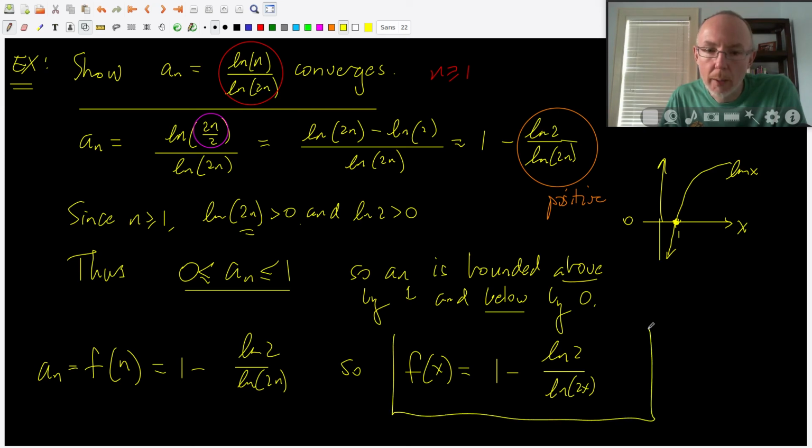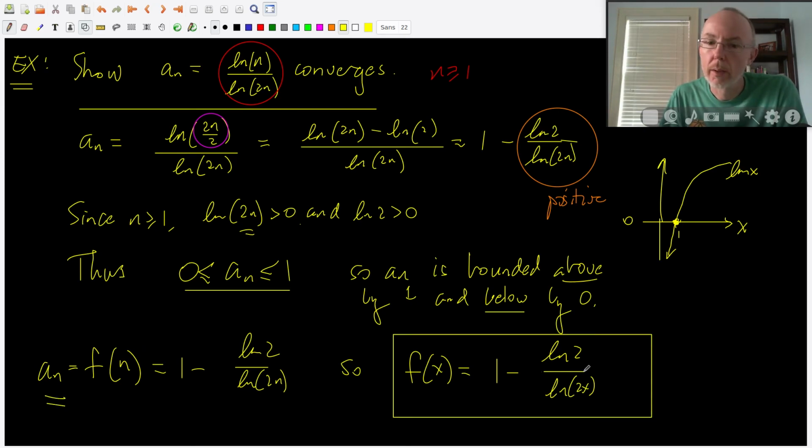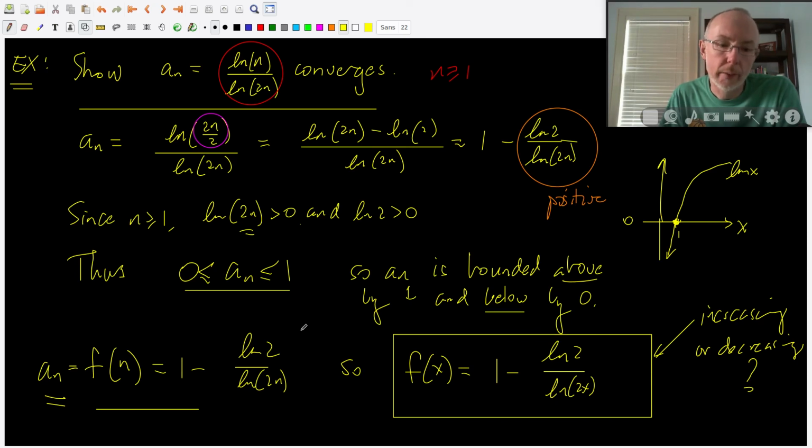We had a theorem that says the limit of this function will equal the limit of this sequence. I'm going to ask whether this is increasing or decreasing, because this is the function that generates the sequence. And so if I know if this is increasing or decreasing, I know whether the sequence is.